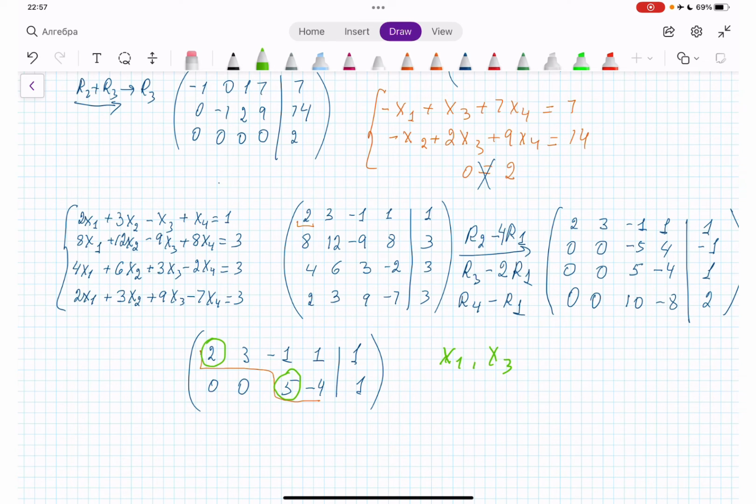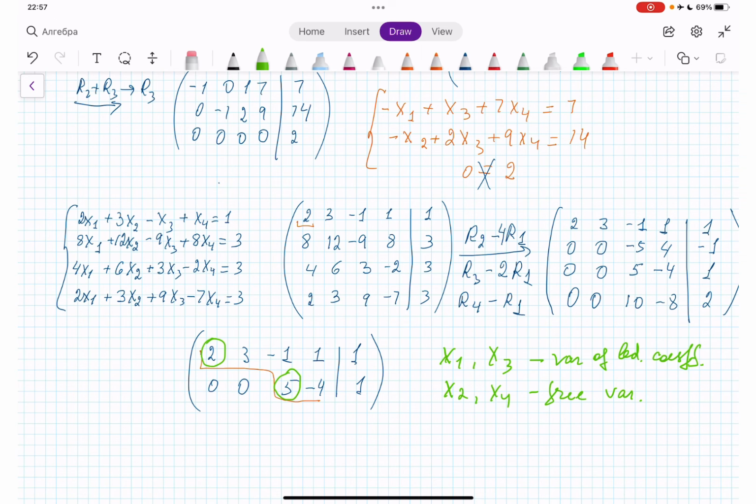And x2 and x4, those are free variables. Why do we assign this definition, and how am I going to work further with this? So x2 and x4 are free variables, and x1 and x3 are the leading variables.